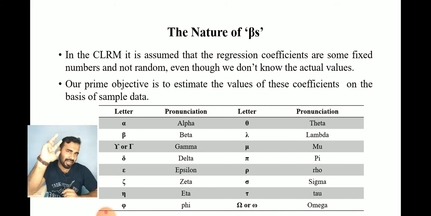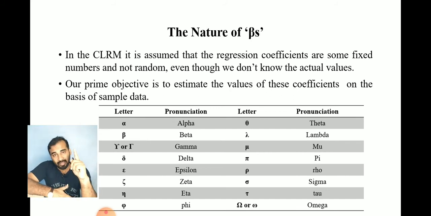So far we have discussed y, x, u. Some things are left: beta 0, beta 1. What are beta 0 and beta 1? In the classical linear regression model framework, the main idea is that these parameters, beta 0 and beta 1, are fixed numbers and not random numbers. Even though we don't know their actual values, each will be a fixed value for all people.